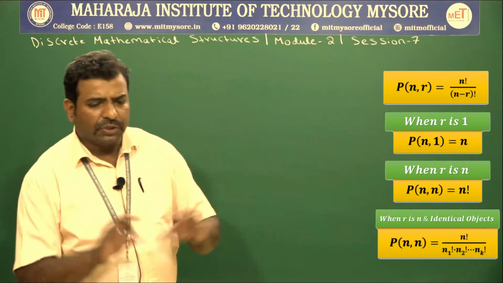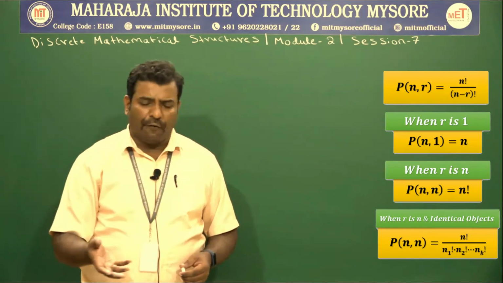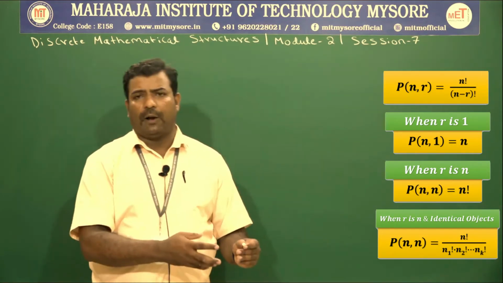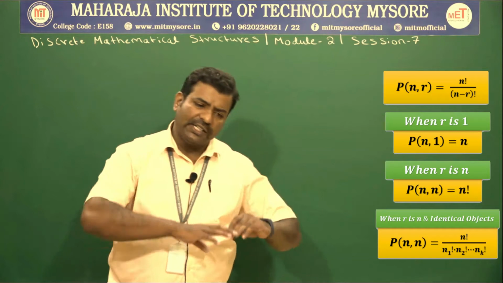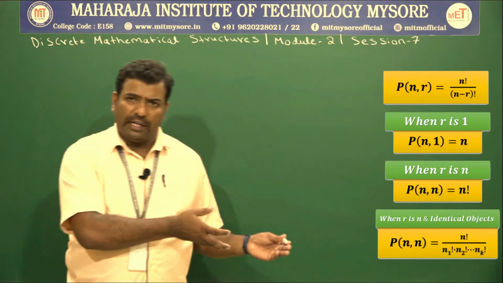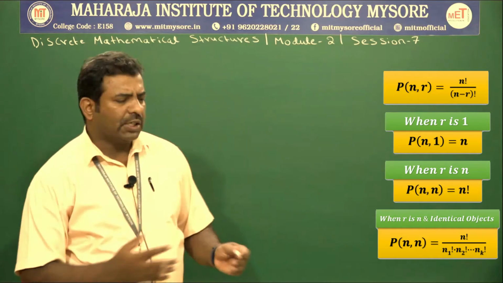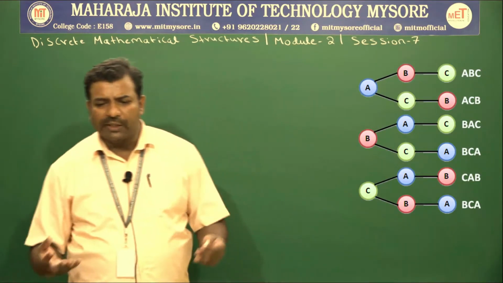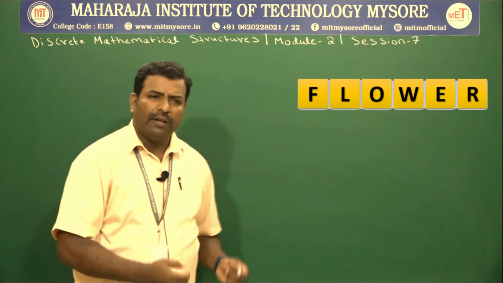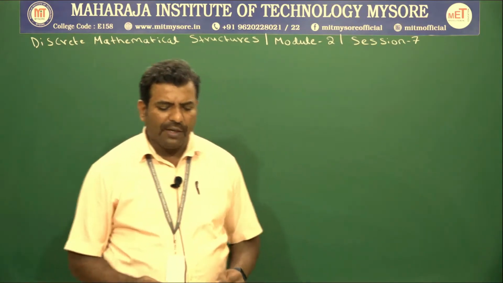I gave one more general form, to work with the frequency of objects, identical objects, though they are distinct, still they can be identical, and when r equals n. I discussed a few examples, starting with ABC as dummy characters, the flower, the success, and the books in the library.